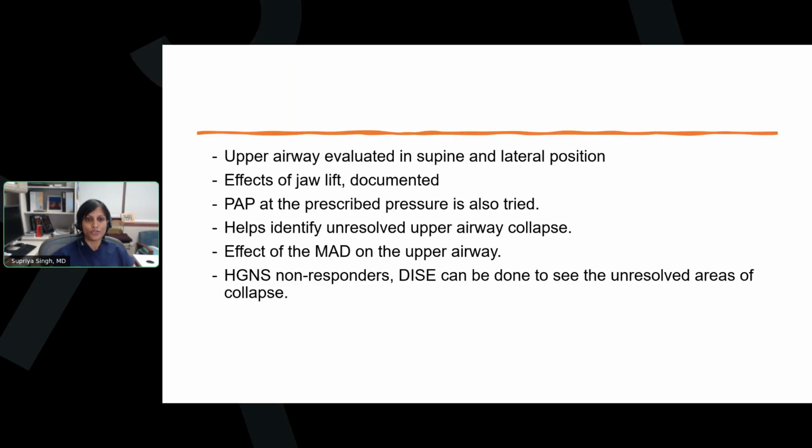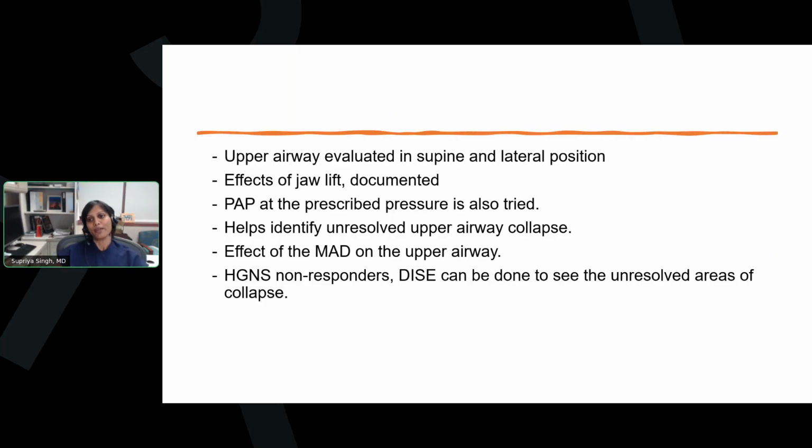We also do a jaw lift, which tells us if an oral appliance or the hypoglossal nerve therapy will be helpful. And then at the end, we utilize the PAP, the CPAP that they had been prescribed in the past. We utilize a special mask for that. And it tells us which area in the upper airway is not opening.